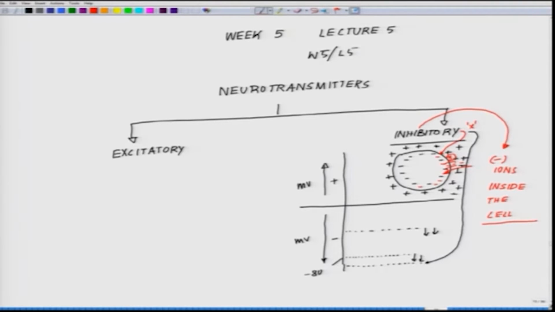By the same token, if it is an excitatory neurotransmitter, it does the reverse thing. If this is the baseline where I have shown minus 80, the excitatory one will do the reverse.